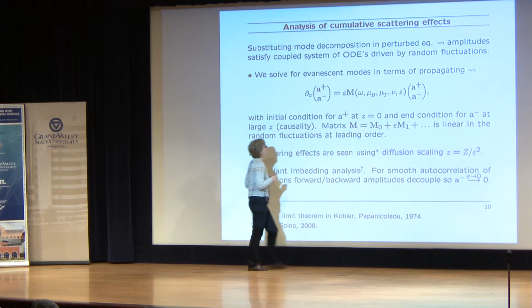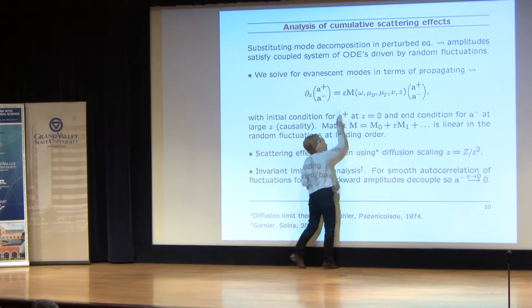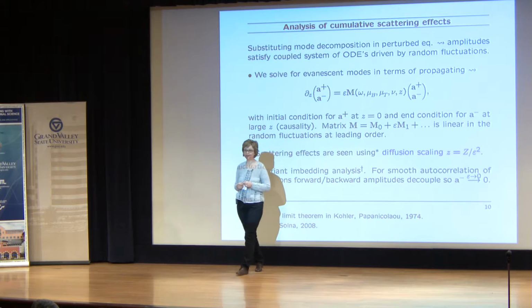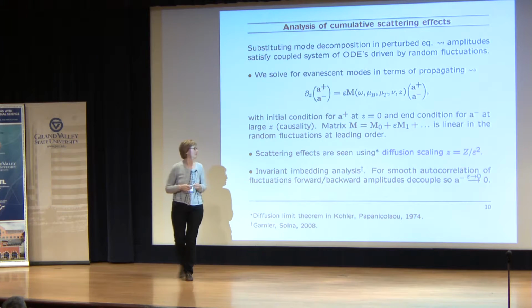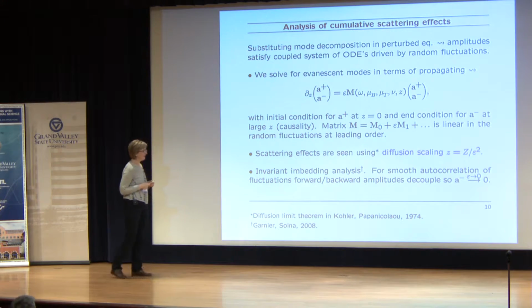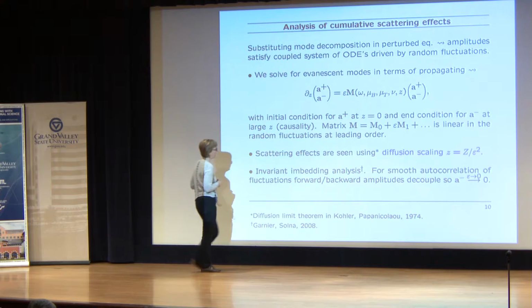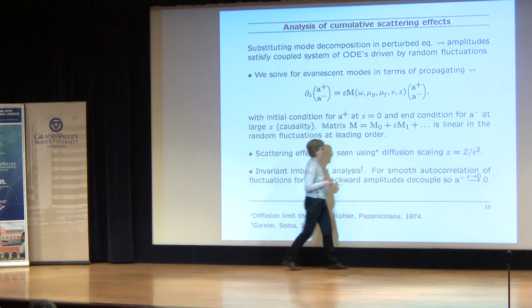Clearly, we have the epsilon here. If we look at distances of order 1 and study the solution in the limit epsilon goes to 0, of course we will not see anything. So the right scaling is what is known as the diffusion scaling.